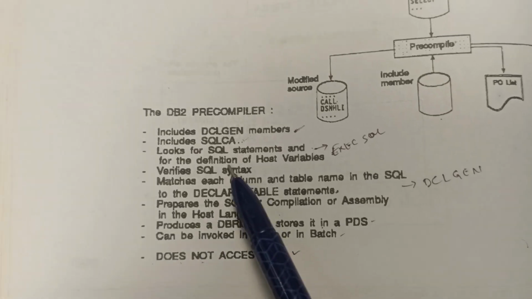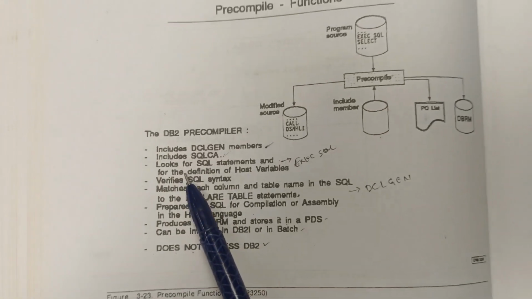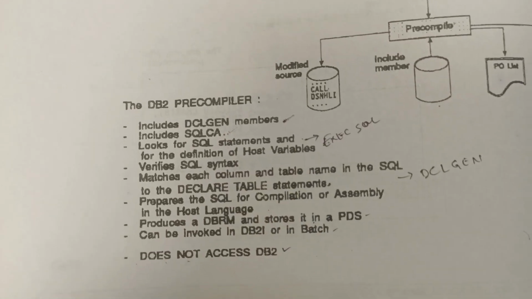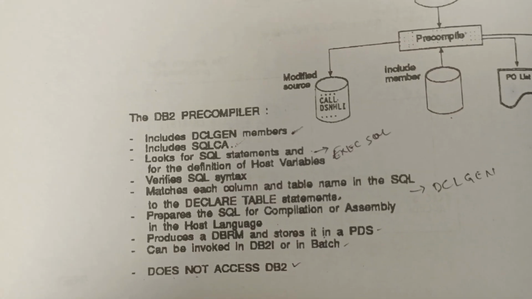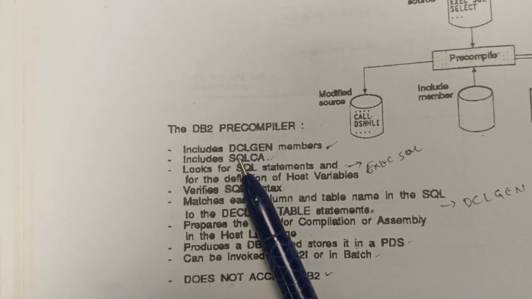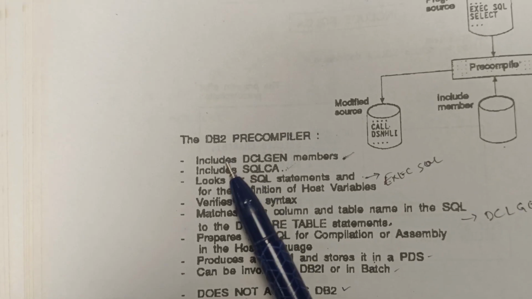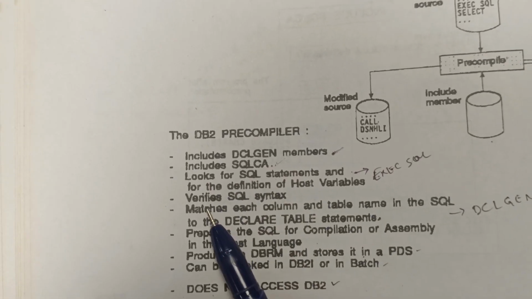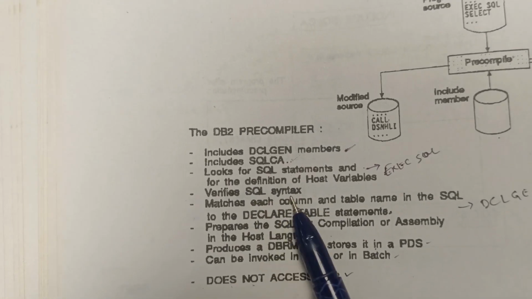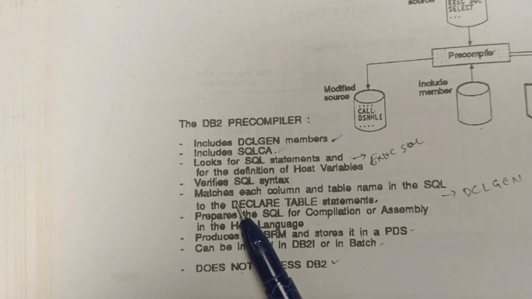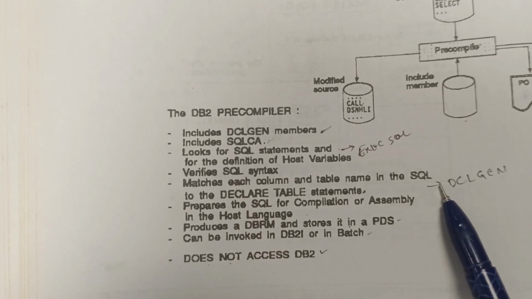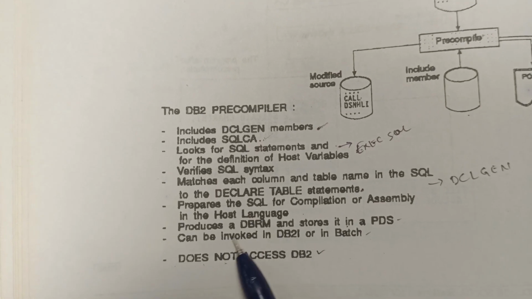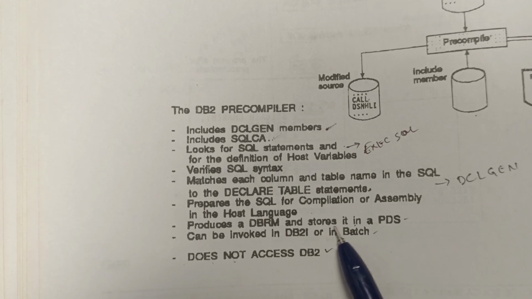These are important points on what the DB2 pre-compiler does. You can tell at least four points in an interview. The DB2 pre-compiler includes the DCLgen member and the SQL CA, looks for SQL statements and verifies the SQL syntax, matches each column name and table name using the declare table, checks the host language, and produces the DBRM and stores it in the PDS.